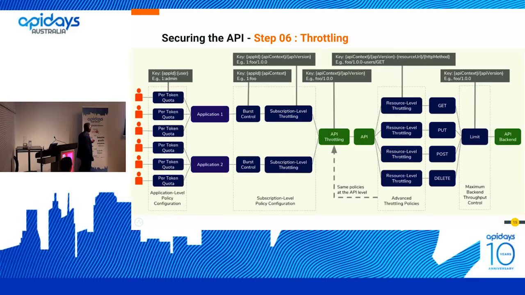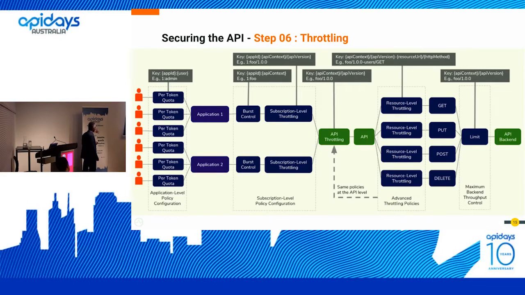We should be able to apply a different quota for each user, and there can be a quota for the application as well. So this is application-level policy configuration. And again, we need to have some kind of burst control in place. And there are subscriptions per application, with different subscription levels.